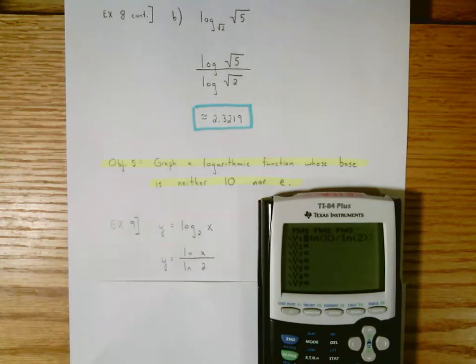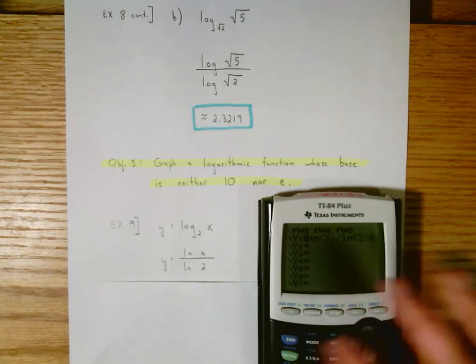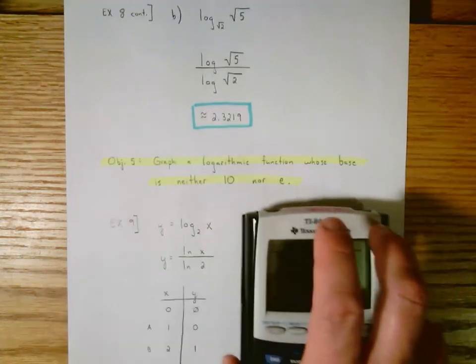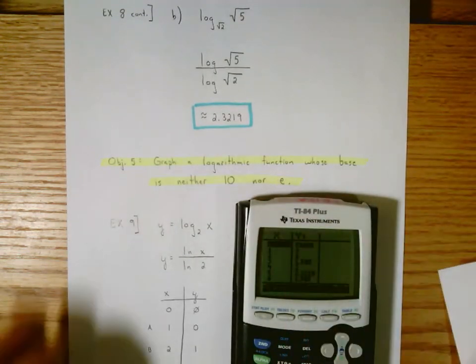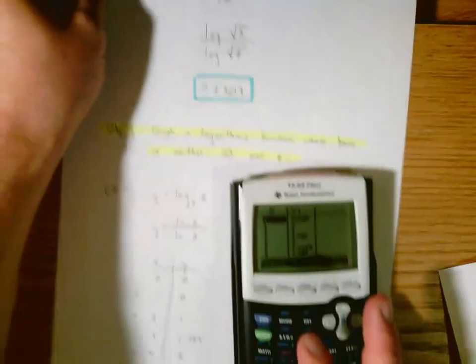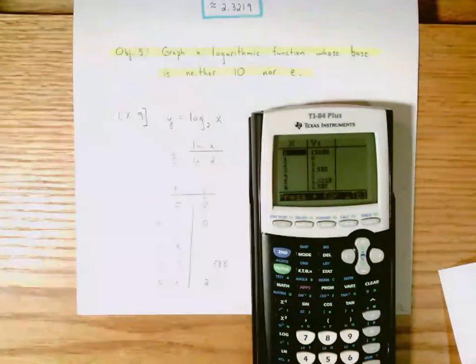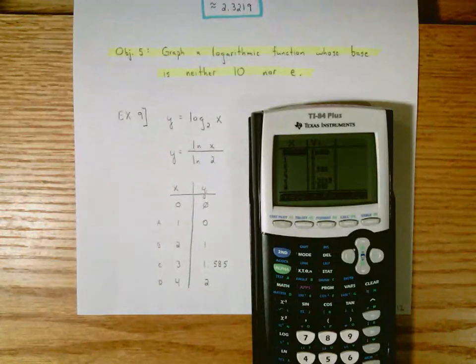To help me take this and put it onto my paper, I'm going to look at the table. If x is 0, then the logarithm is undefined. We know that makes sense because 0 is not in the domain of the logarithm.